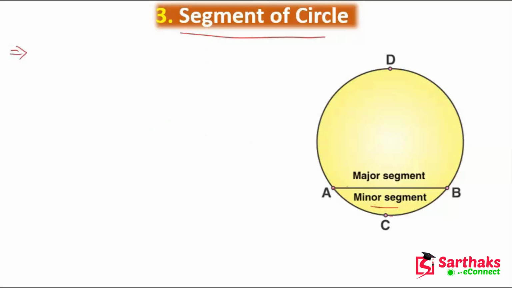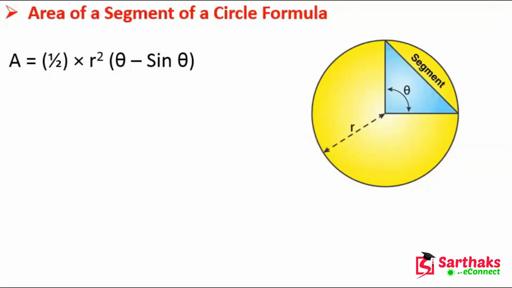Now let's move on to the area of a segment of a circle. The formula to find the segment area can be either in terms of radians or in terms of degrees.